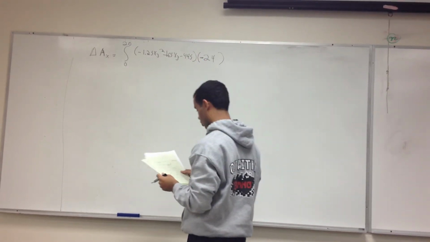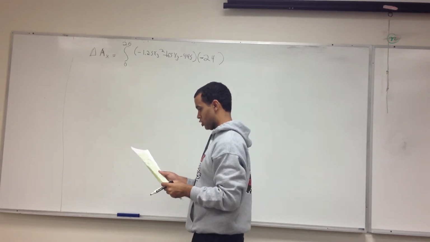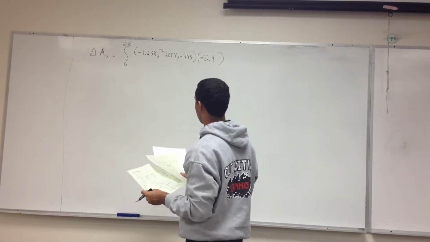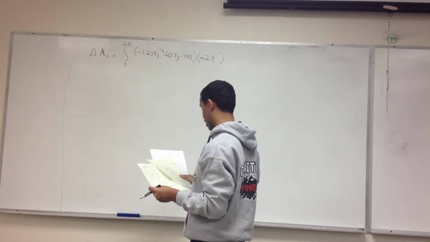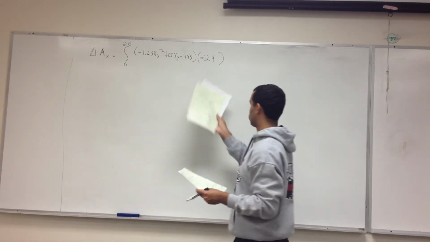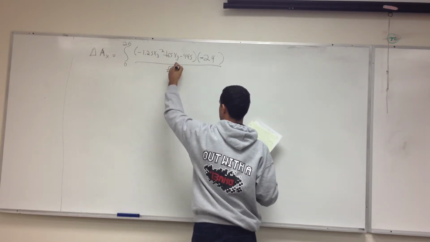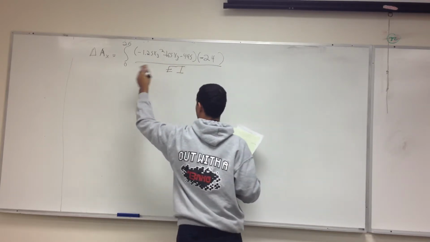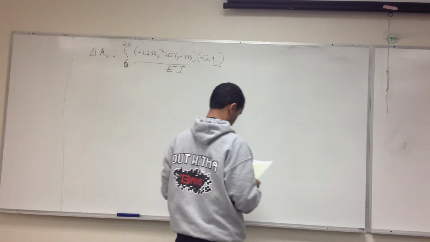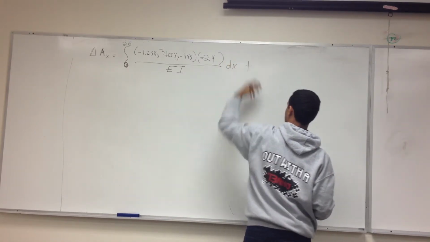So once again, we're multiplying the moment cut 3 from the real frame, which was negative 1.25 x3 squared plus 65 x3 minus 445, times the third moment cut at unit load frame 2, which is negative 24. And we put that over the constant modulus of elasticity times moment of inertia. Okay, and our range of integration is 0 to 20. Times dx, that's our axis.